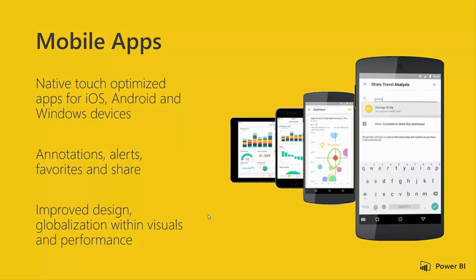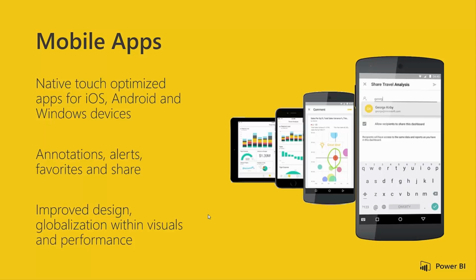One of my personal favorite areas of Power BI are the native mobile apps. These are touch optimized for iOS, Android, and Windows devices, not just the tablets, but also the smartphones. That's what you carry with you every day, your smartphone. These apps allow you to decide once and publish anywhere.